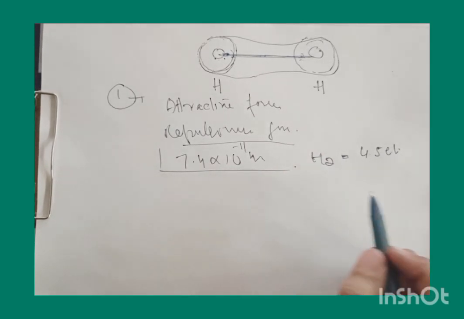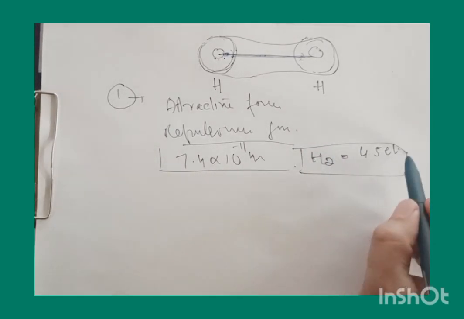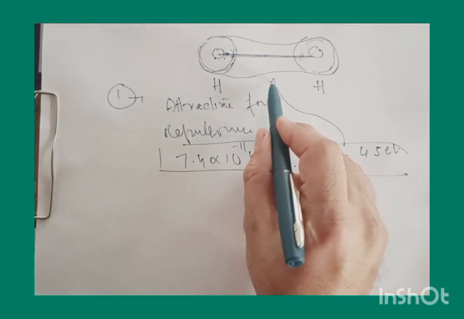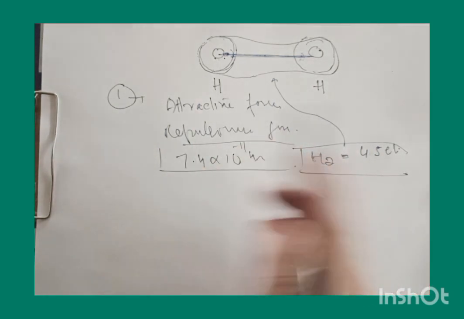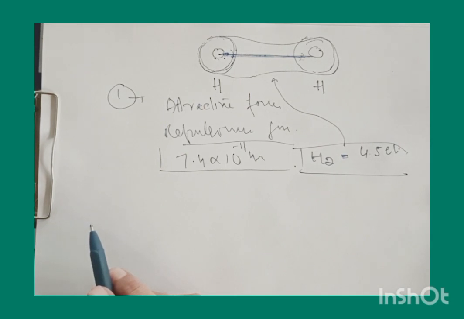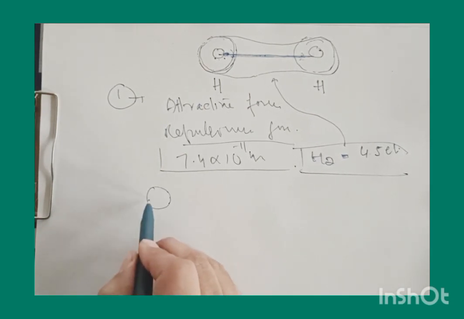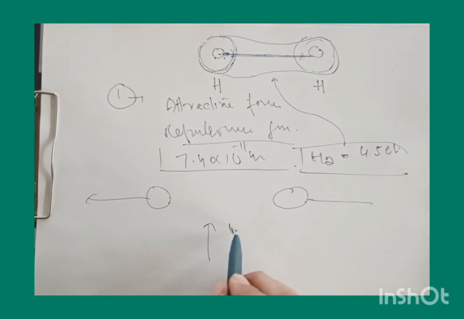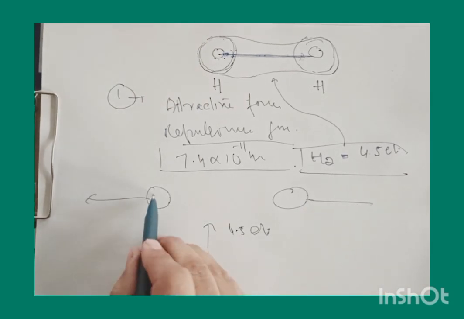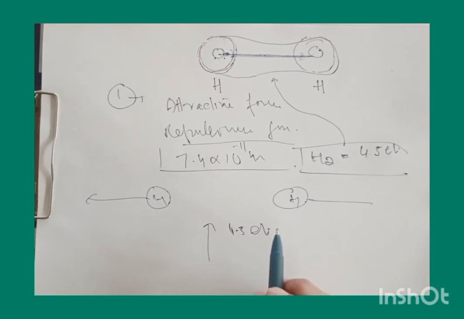Hence, we have to subject 4.5 electron volts of energy to this hydrogen molecule. This much work I have to do, and the two hydrogen atoms will be apart from each other. All I have to do is give an energy of 4.5 electron volts, so you will have independent hydrogen atoms.